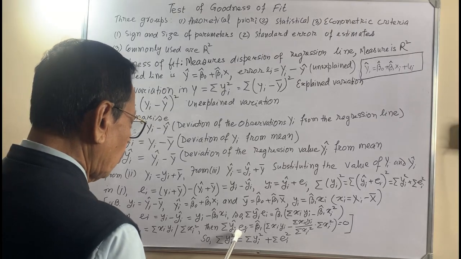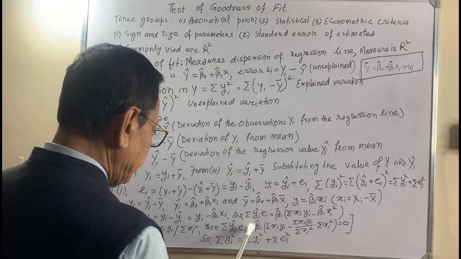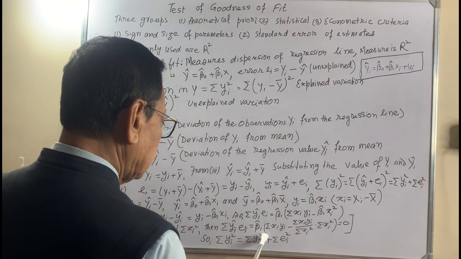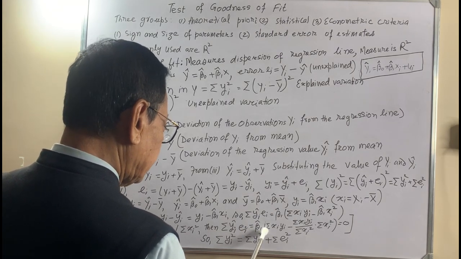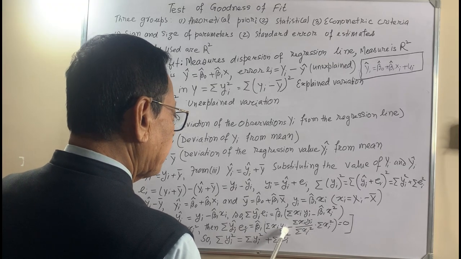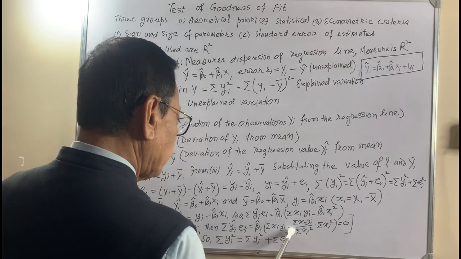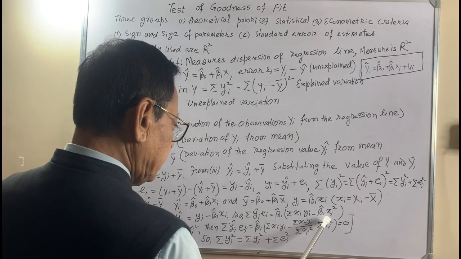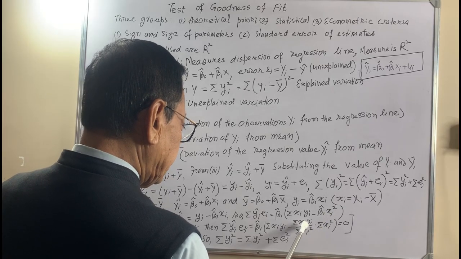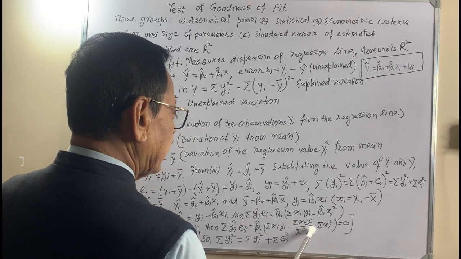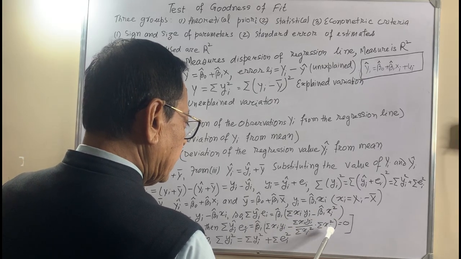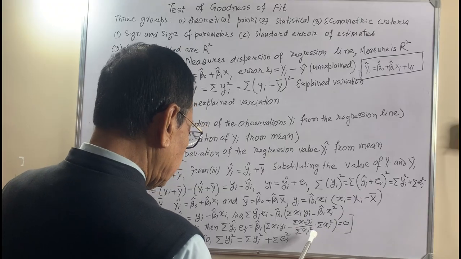Then if we put the values, the sum of y_i estimated e_i is equal to beta 1 into summation x_i y_i minus summation x_i y_i by summation x_i square into the sum x_i square.